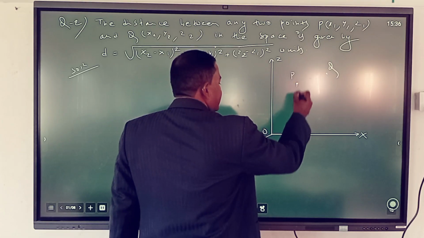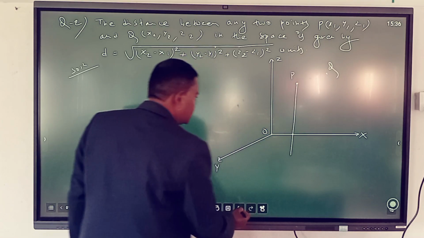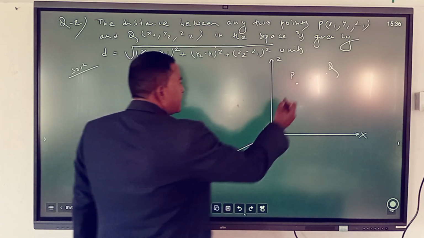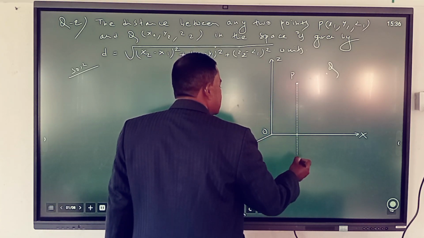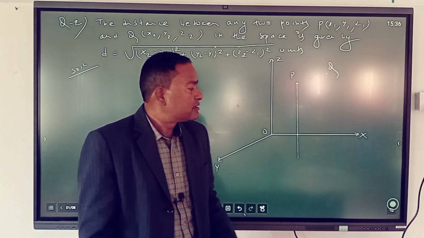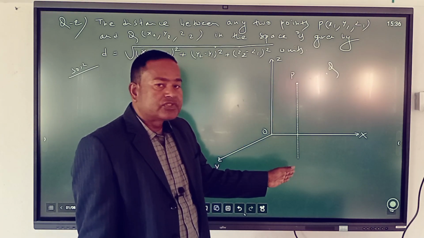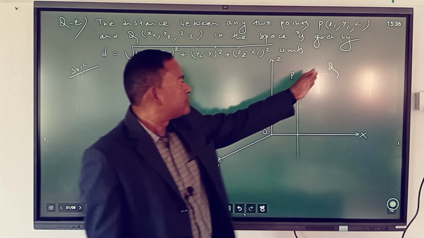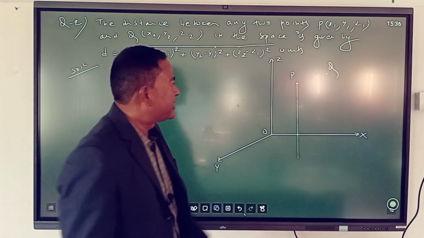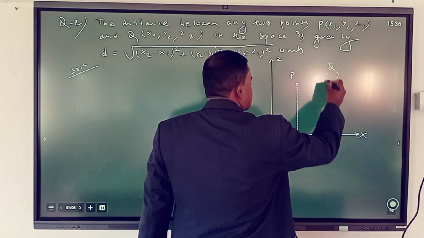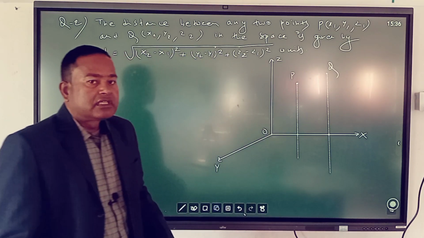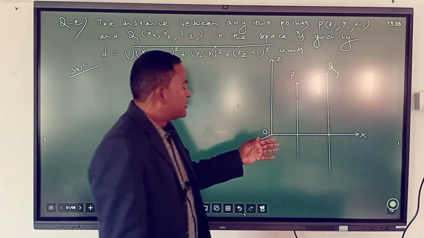Now from the point P, we draw a straight line perpendicular to the xy plane. Again from the point Q, we draw a perpendicular line on the xy plane.